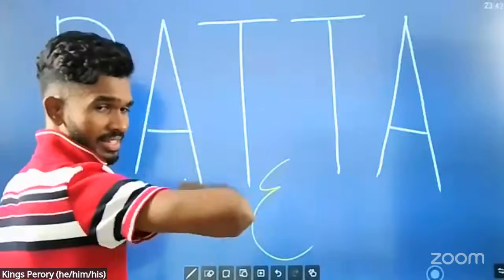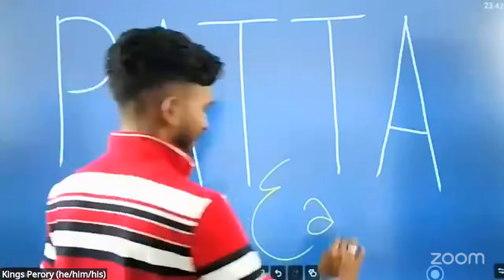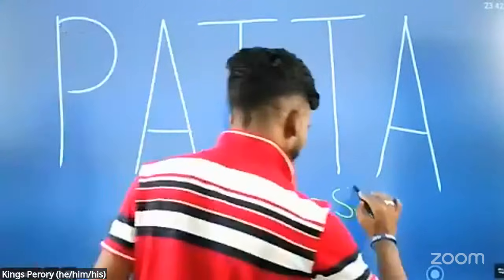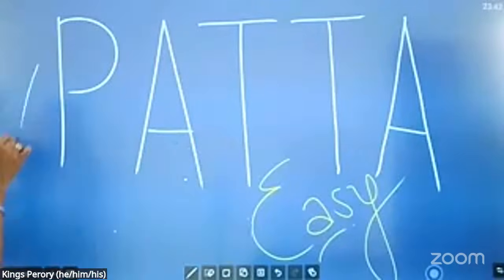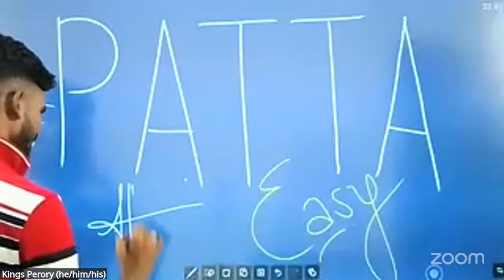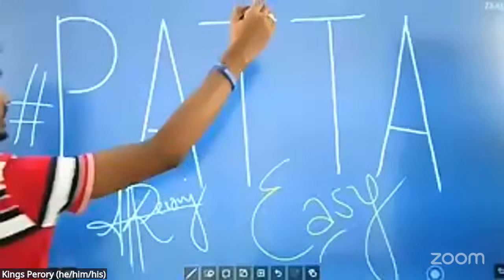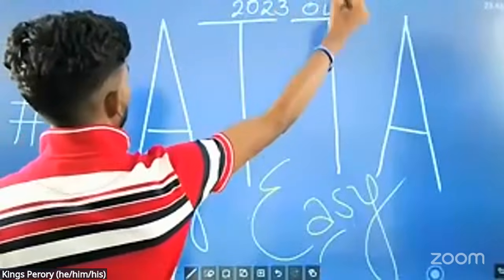E. Next. A. Last two. S. And the last letter, Y. PattaEasy. Don't forget the hashtag and the signature. This is for our 2023 O-level paper. Done.